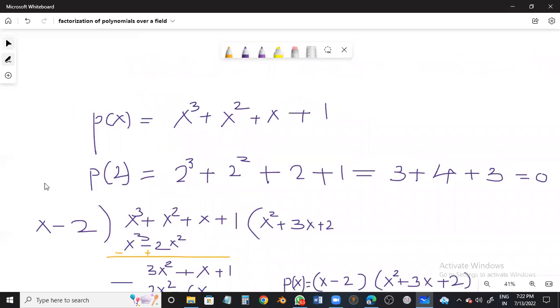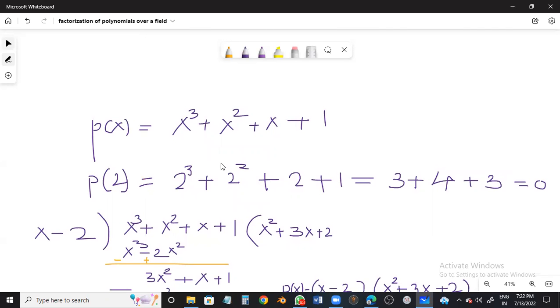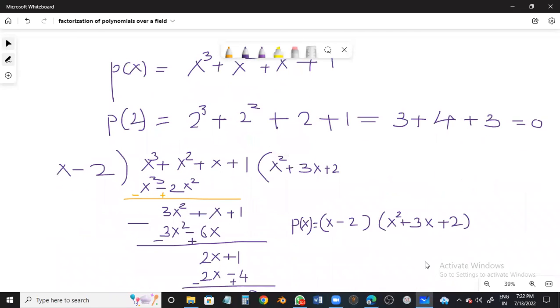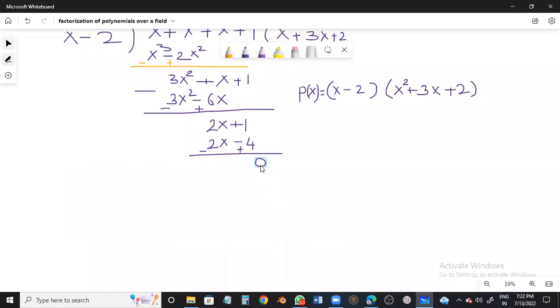What I did was I put x equal to 2 in the polynomial. I got a 0, and because I got a 0, I said that x minus 2 must be a factor by factor theorem. So I divided the actual polynomial by this factor, and I got some quotient, and I checked whether my remainder comes out to be 0 or not. Yes, the remainder is 0, so I got this factorization. Followed me?